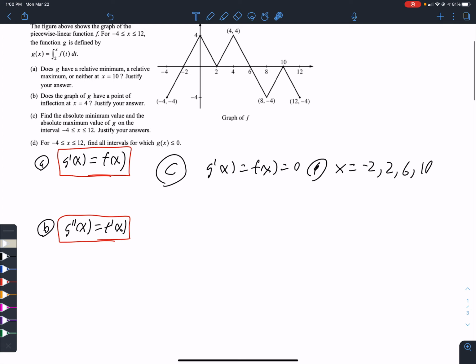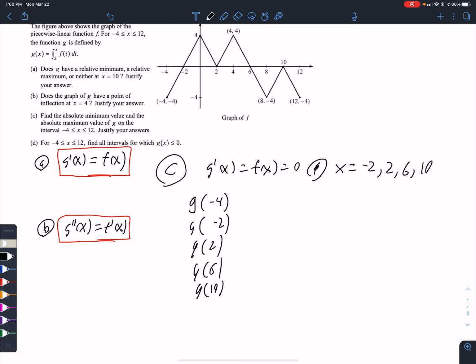So we need to find the value of G at the endpoint, which is -4, all the critical points, and the endpoint, which would be 12.